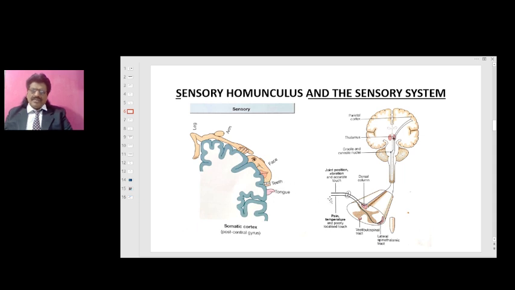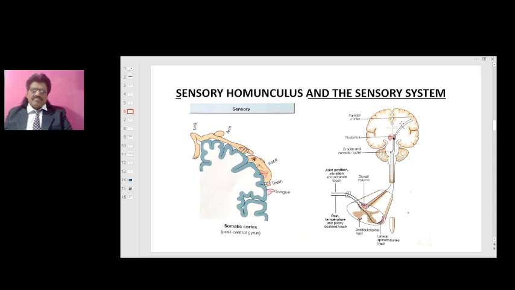When sensations are perceived by the receptors, they ascend through two important tracts. One, the posterior column: joint position, vibration and accurate touch are sensed by the posterior column, which ascends from the receptors as the dorsal columns, ascends ipsilaterally, goes to the gracile and cuneate nuclei, and at the level of the medulla oblongata crosses over to the opposite side, goes to the thalamus and finally to the parietal cortex.